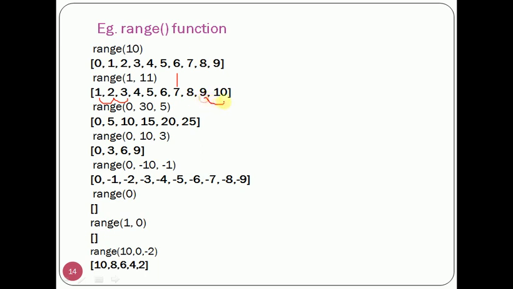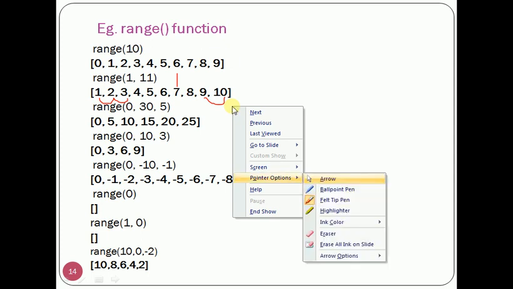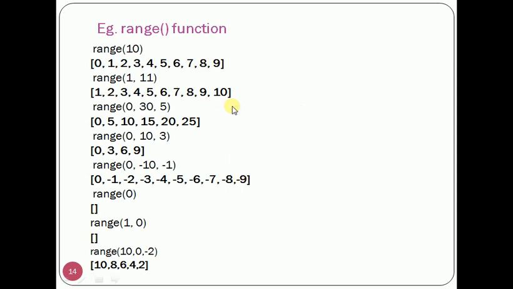The number less than 11 is 10, so it continues till 10. So this is how it works if only the step value is not mentioned. It starts from the start value given.